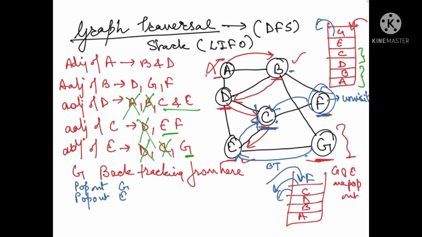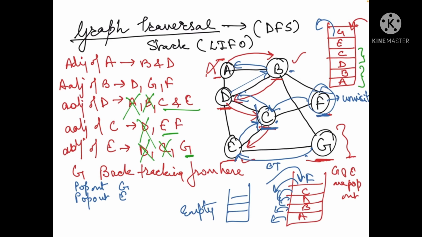Then from C you will see all visited nodes, so again backtracking, you will go to D, and D will also come out. Then from D you will go to B, and B will be out. And from B to A, then this will be out. So that means your stack becomes empty.